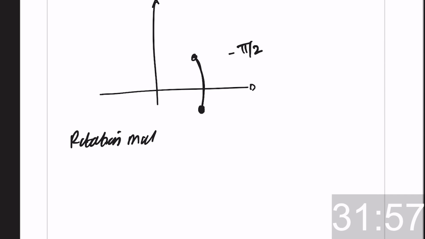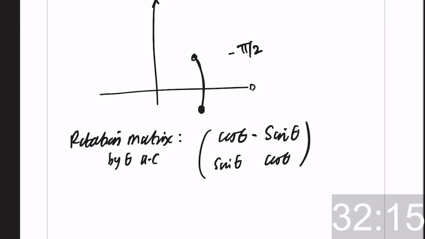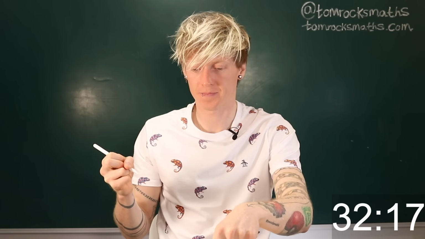Which I think, oh god, it's cos theta, sine theta, and then minus sine theta there, sine theta, cos theta, and this is a rotation matrix by theta anti-clockwise. So go clockwise and go minus pi by 2, yes.